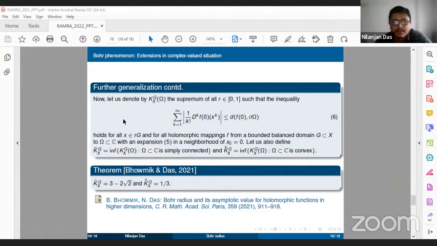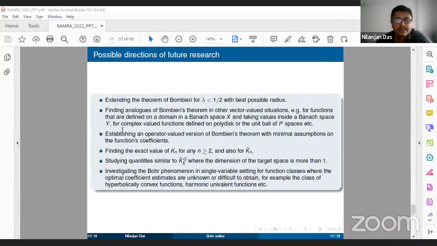Okay, so after all this, I would like to finish with some points, about what problems can be attempted in future based on this discussion. One can try to extend the theorem of Bombieri for lambda less than half with the best possible radius. That has been open since 1962, as we have stated.